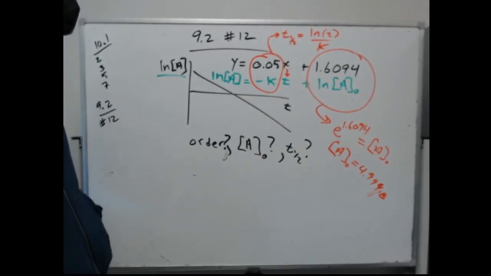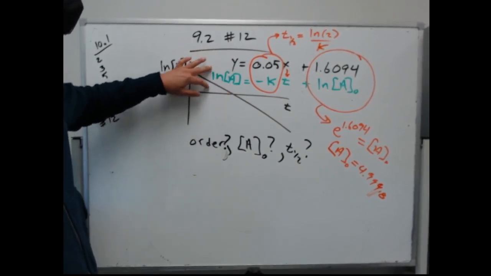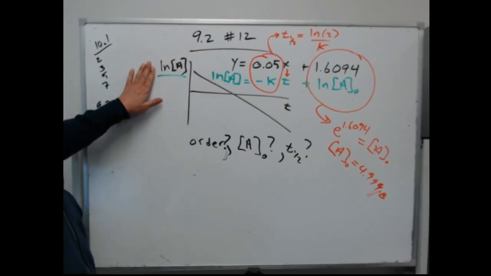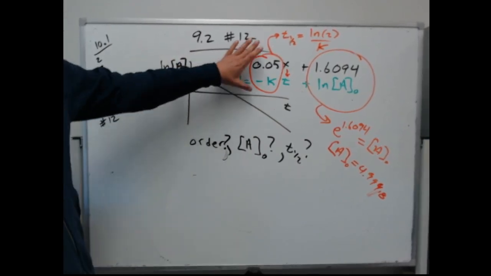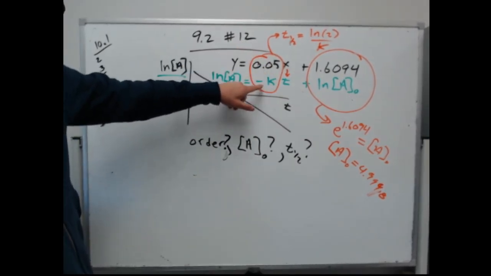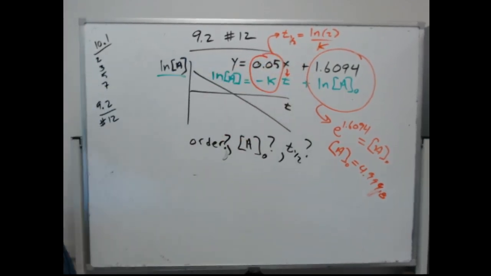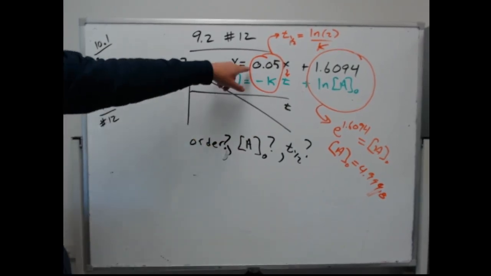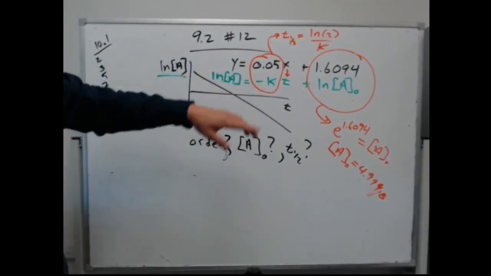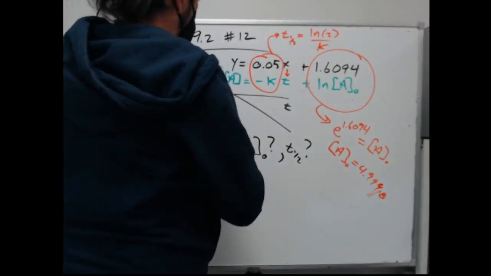Right? So by understanding how the equation they gave us relates to the integrated rate law, recognizing it's first order, it just becomes a matter of recognizing how the slope gives us a negative k. Notice this is negative k, not k. So our t... Wait, was this a negative slope? Yes, it's negative 0.05. Okay, I was about to freak out.